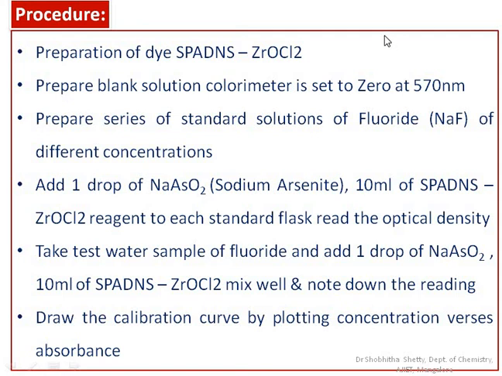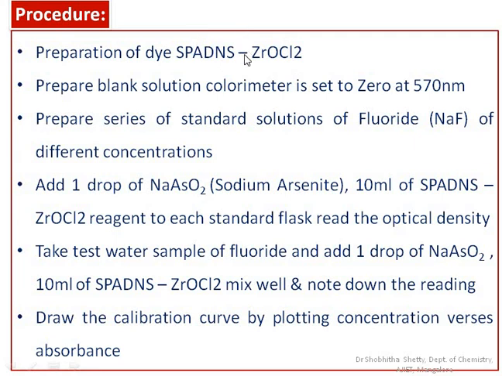After that we need to mix the reagents in equal volumes, that is the SPANS solution prepared in distilled water and the zirconyl acid reagent. This SPANS plus zirconyl acid reagent will give the red colored complex dye. This we are going to use as a reagent.